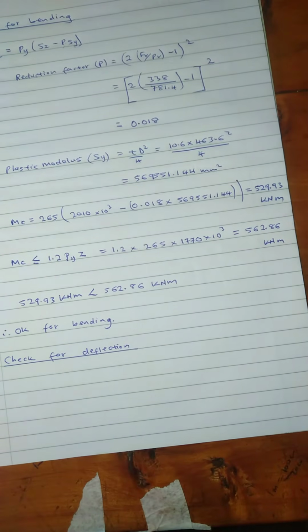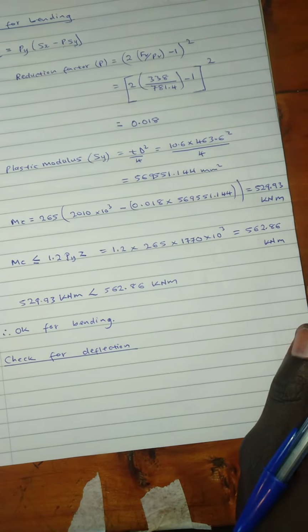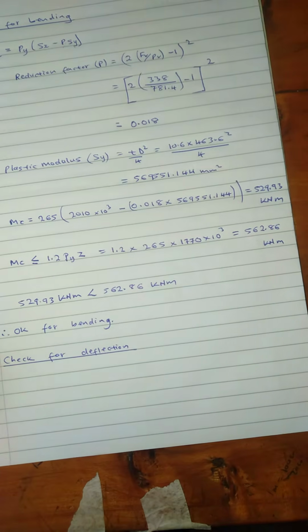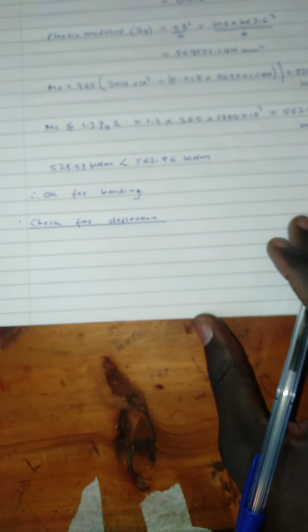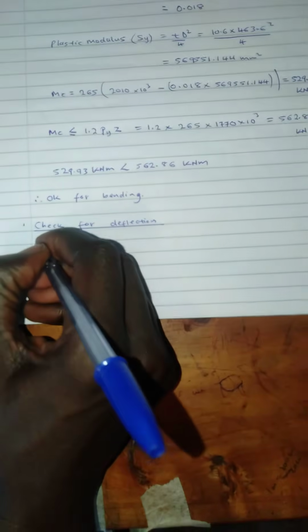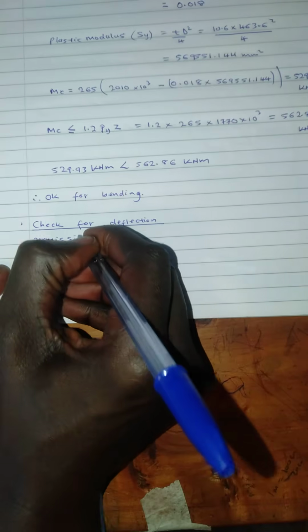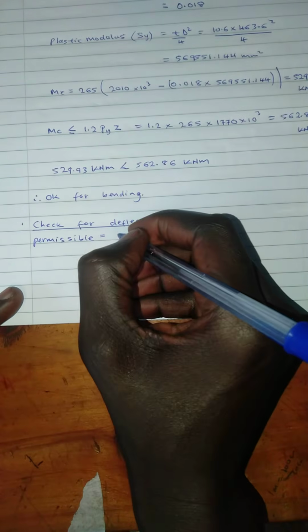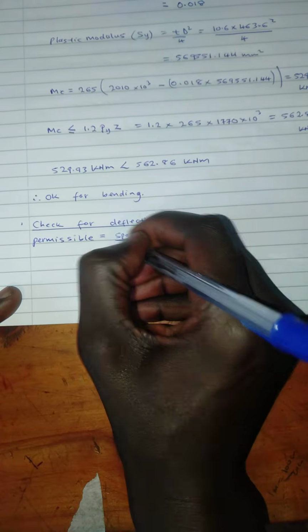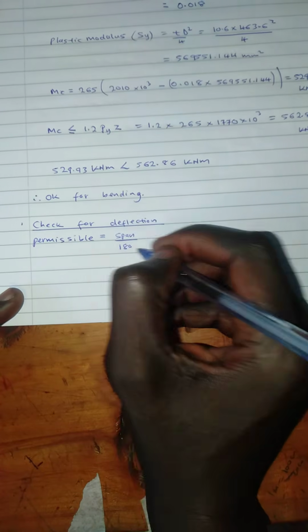So the allowable or permissible deflection is equal to span divided by 180 for cantilevers.